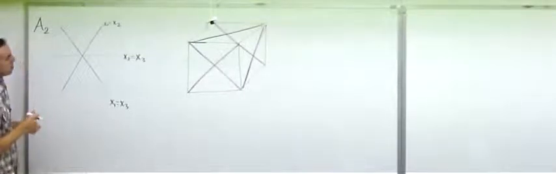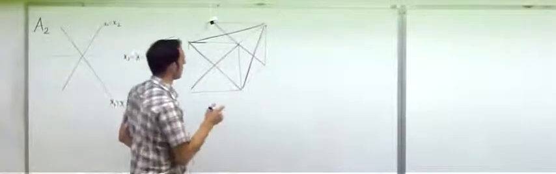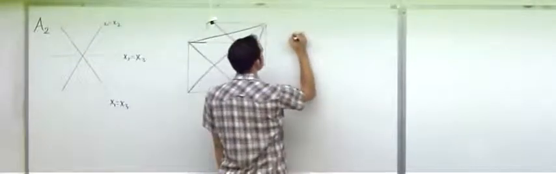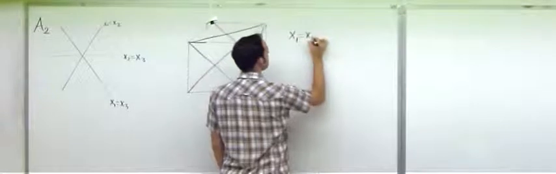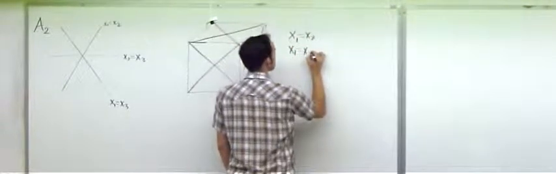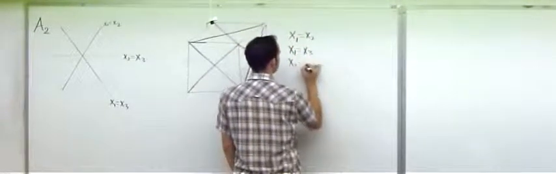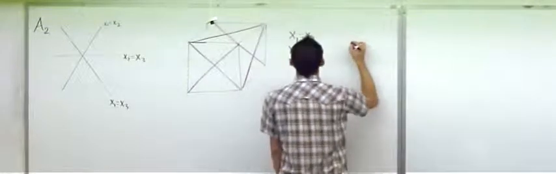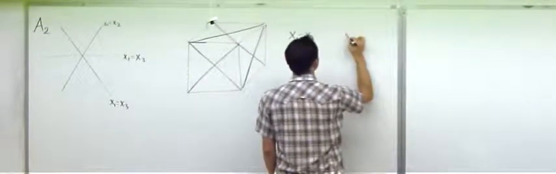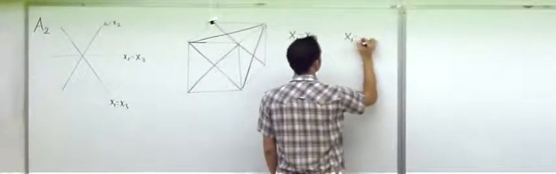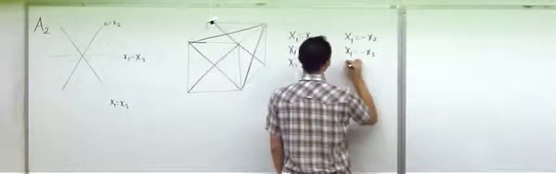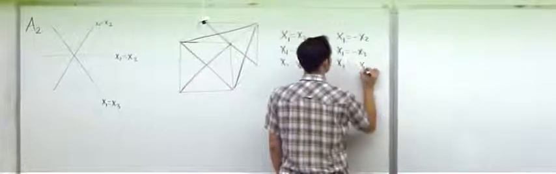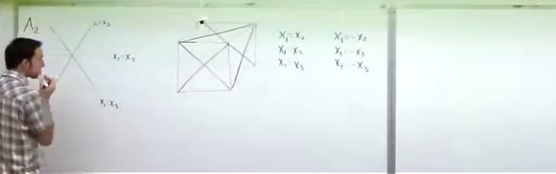So this is A2. Now, this is the arrangement that you did for your homework. It has the hyperplanes x1 equals x2, x1 equals x3, x2 equals x3, and x1 equals minus x2, x1 equals minus x3, and x2 equals minus x3.